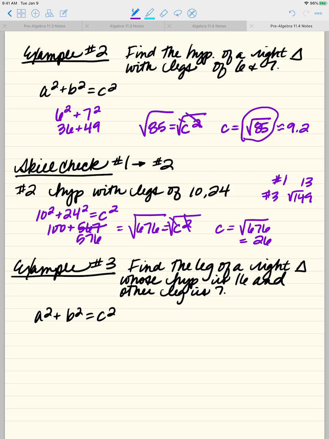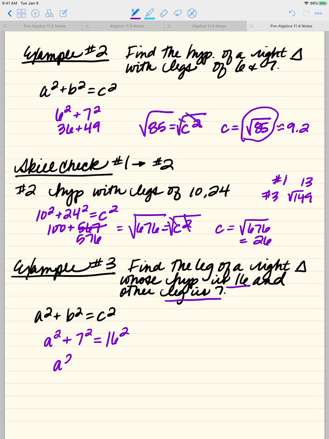Okay. Example number 3. Find the leg of a right triangle whose hypotenuse is 16 and the other leg is 7. So we're just going to say we don't know a. It doesn't matter if it's a or b, because addition is commutative. So a squared plus the other leg, 7 squared, is equal to the hypotenuse, 16 squared.